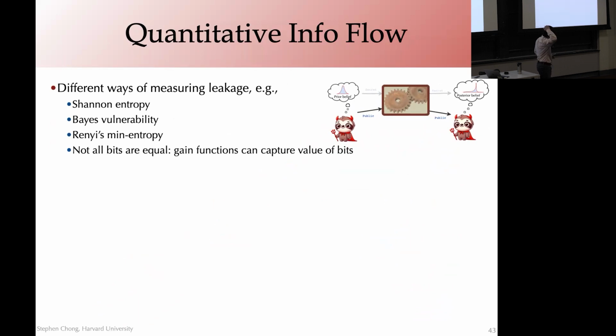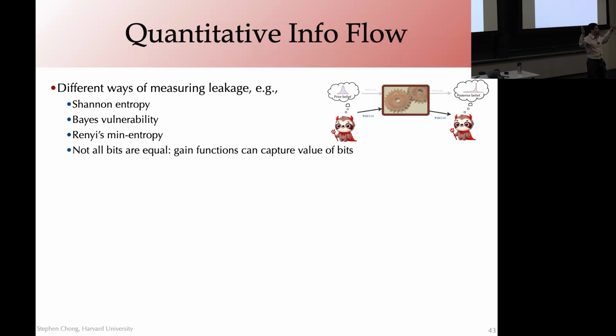Shannon entropy is kind of just measuring the information theoretic bits of the secrets and measuring how many bits of information are revealed. Bayes vulnerability is kind of a threat model where you're wanting to think about what's the probability that if the attacker had one guess at the secret, say trying to enter a password, that they'll get it correct. Right?